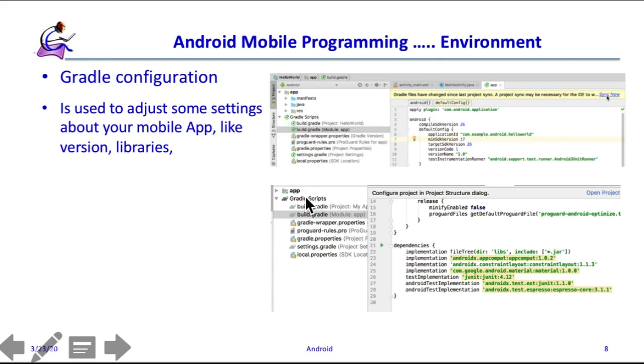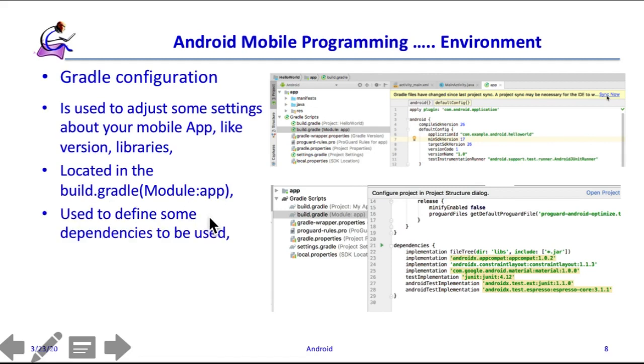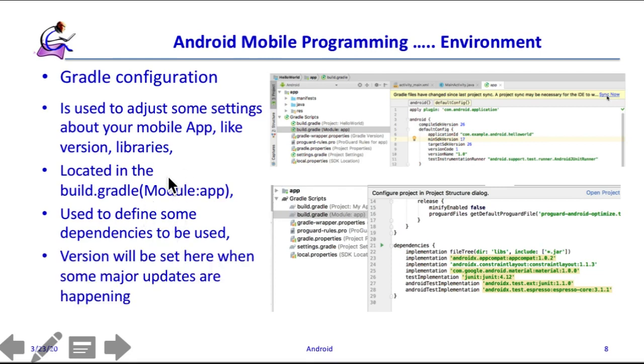You can click the Gradle file where you can set some configuration, and here you will define the version, for example, the different libraries and so on. It is located in the build Gradle window and is used to define some dependencies to be used, and based on that you can set some other parameters.